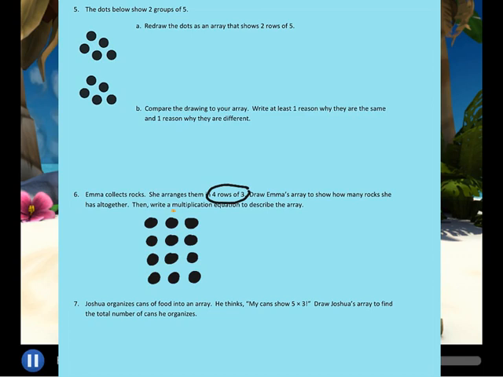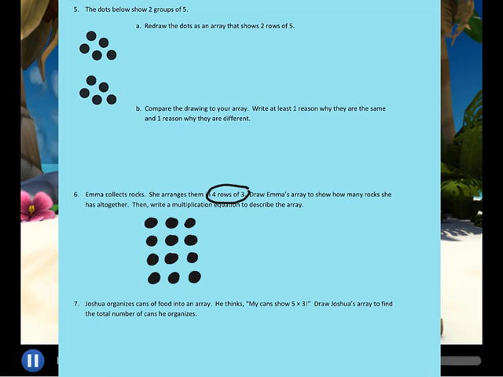And the next step is I have to make a multiplication equation to describe the array. So how to do a multiplication equation? Let me write the multiplication equation. Always the first factor will be the number of groups, so that means the number of rows, right? Okay, so how many groups are here? 1, 2, 3, 4.